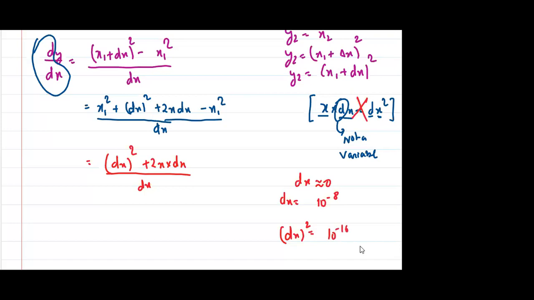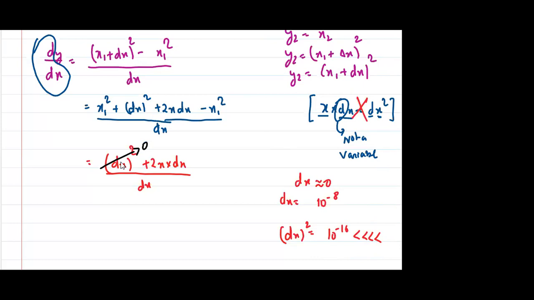Now, don't you think, sir, this term is very, very, very small? Yes or no? Yes, sir. So can I say, sir, since this term is very small, I will just ignore it. I'll just neglect it. It will be almost equal to 0.